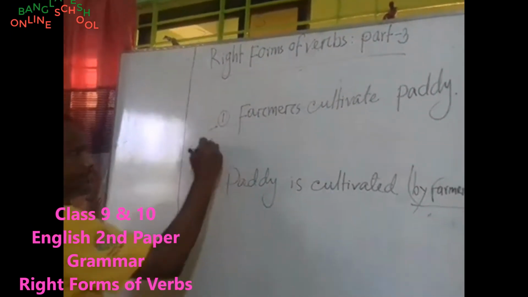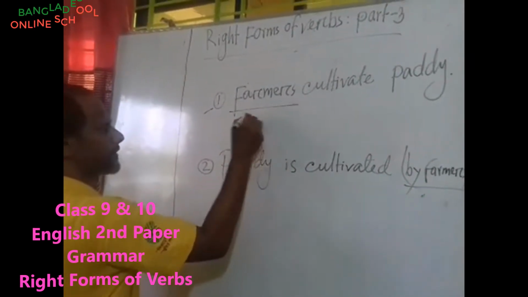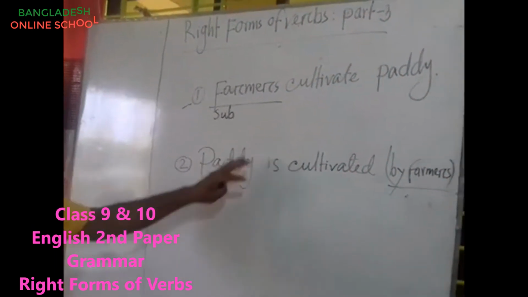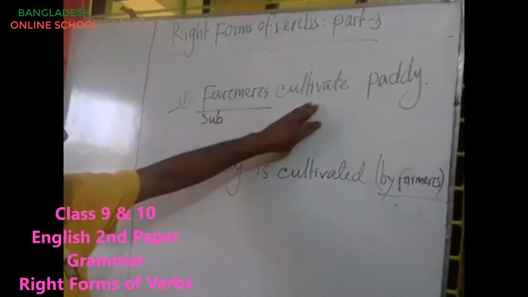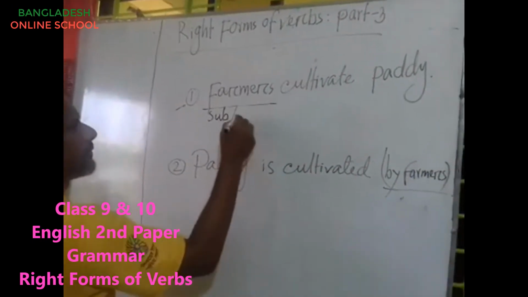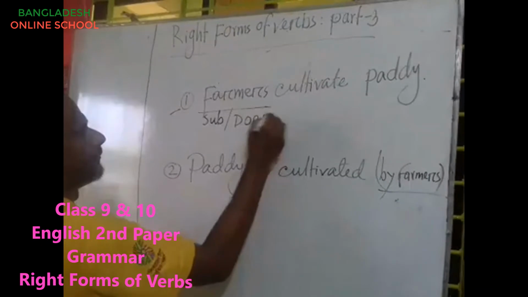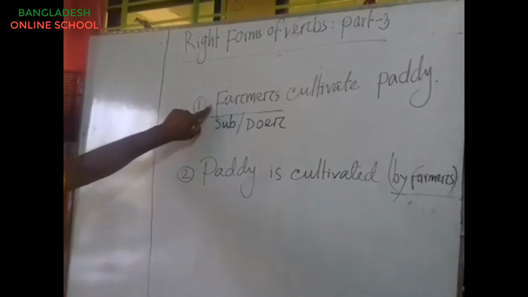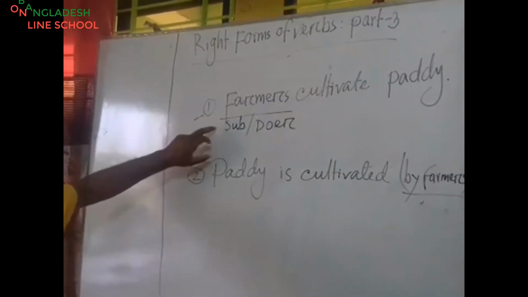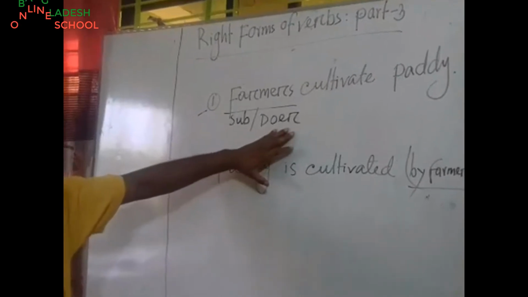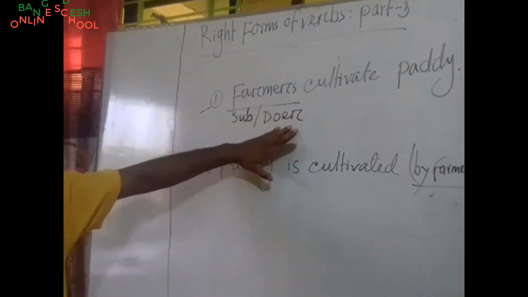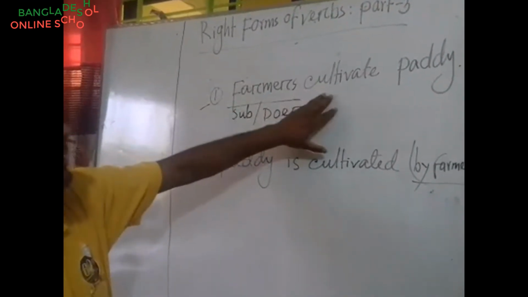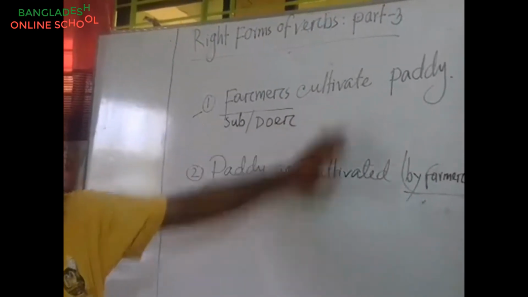In the first sentence, here farmer is subject and performs the act of the verb cultivate. In that sense, farmer is doer. So here farmer is used as subject as well as doer, because this subject performs the function of the word cultivate.